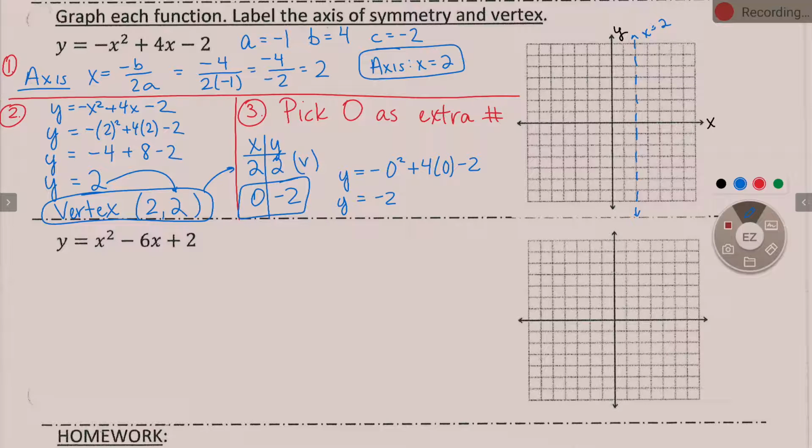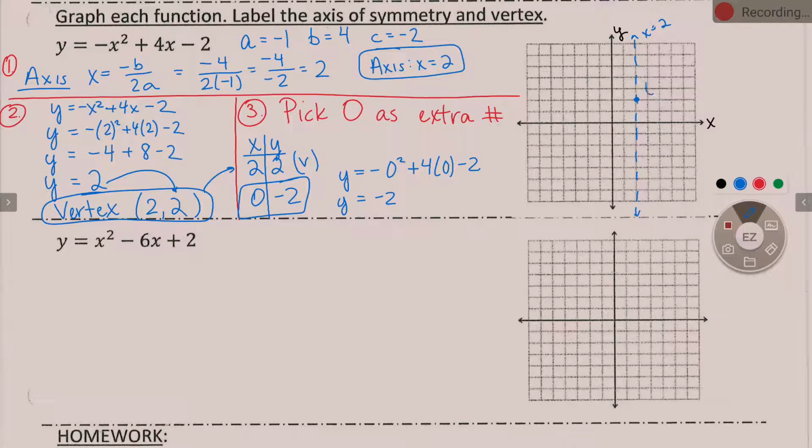Then, step 2 was find our vertex. Where's our vertex? It's 2, 2. So that means from the origin I go right 2, up 2. And that should be on your axis of symmetry. Okay, the vertex has to be on the axis of symmetry.